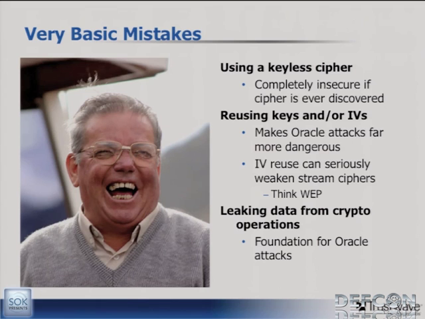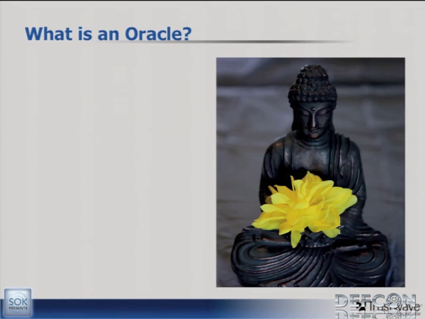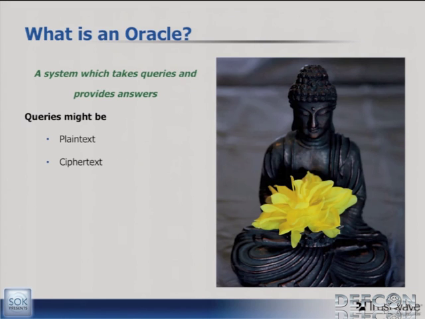And leaking data from crypto operations, that sort of builds the foundation for Oracle attacks. So, I've said the word Oracle several times, and now I'm going to give you a vague and generalized definition, and then clarify a little bit. An Oracle is any system that takes in user input, processes it, and gives the output. In the sense of cryptography, we're talking about taking in plain text or ciphertext and then usually encrypting or decrypting and leaking something about that operation.